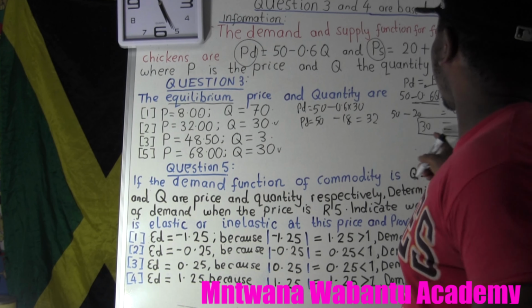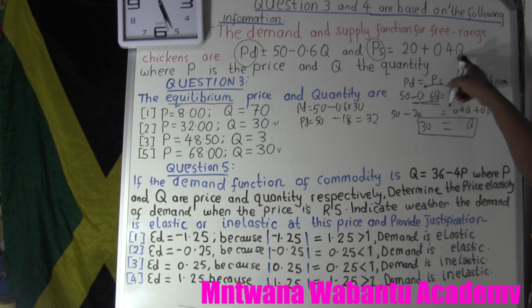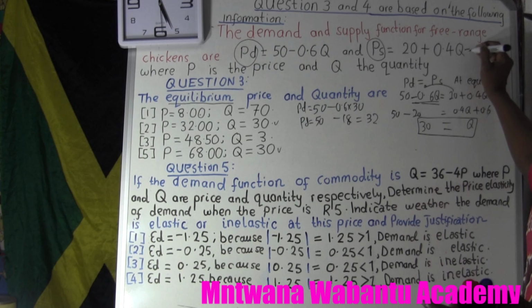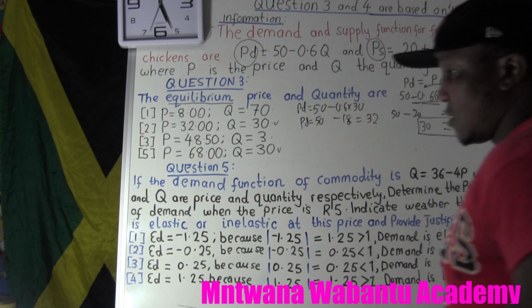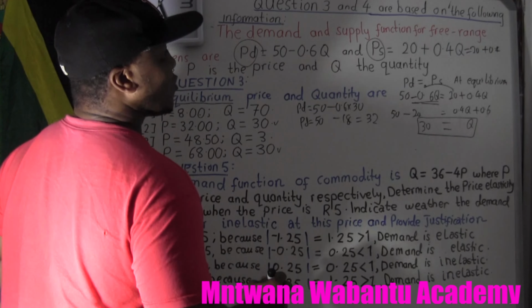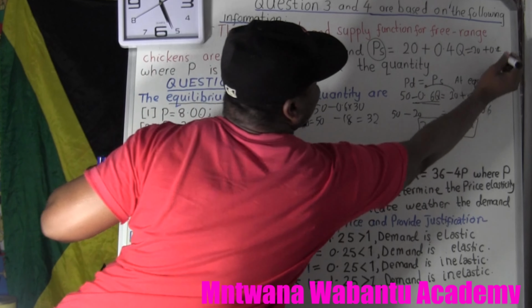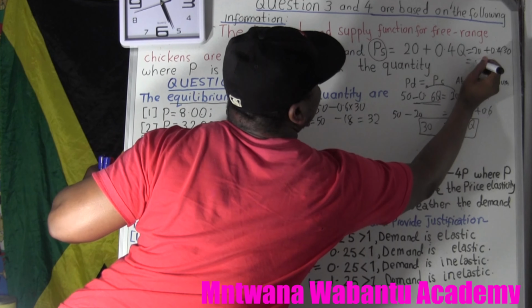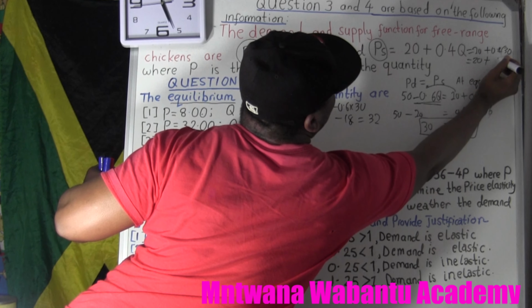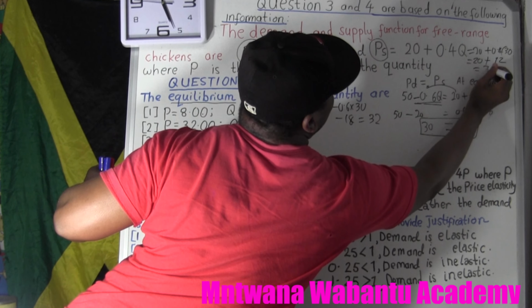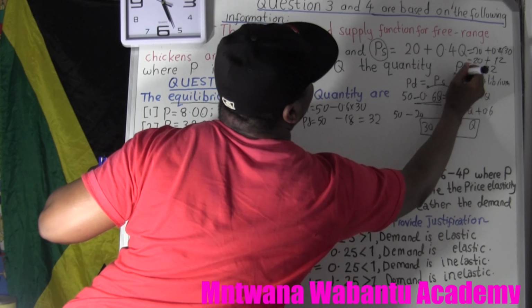You could even take the same Q and plug it into the supply equation, which gives the same thing. 20 plus 0.4 times Q, where Q equals 30. That is 20 plus 0.4 times 30, which is 12, giving 32 as the price.